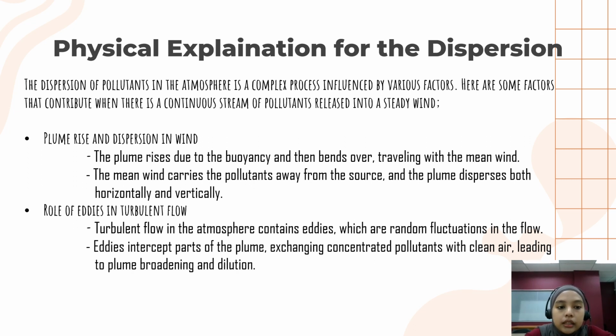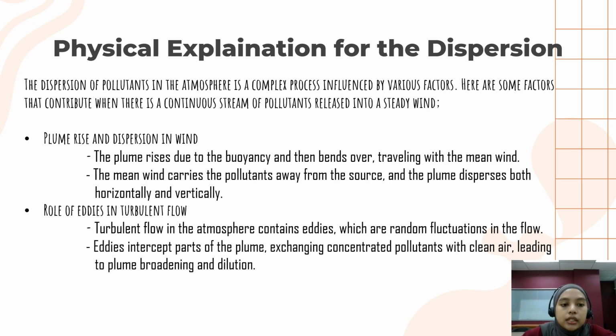Firstly, the plume rise and dispersion in wind, role of eddies in turbulent flow, the formation of eddies, random wind shifts, time average plume consideration, binormal distribution in vertical and lateral direction, and Fickian diffusion equation, and lastly the Gaussian dispersion equation.